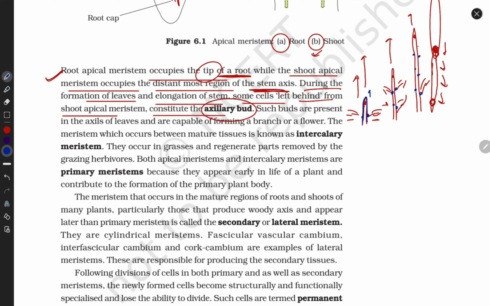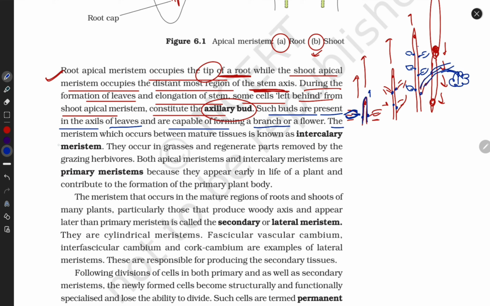Now what arises from these tissues? These are axillary buds, and they convert into the leaf form. Such buds are present in the axils of leaves, and some are capable of forming a branch or flower. Either they can make leaves, or a stem, or a flower.